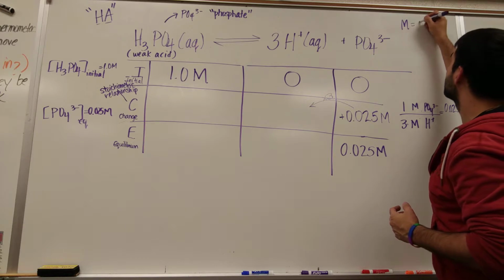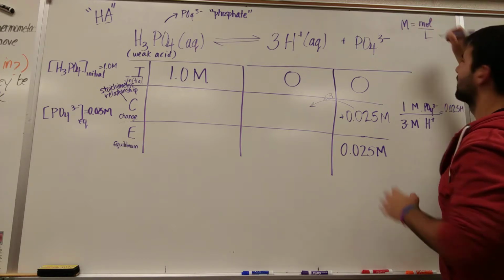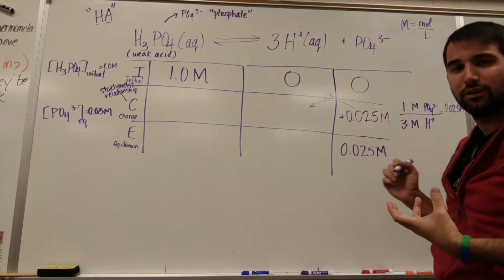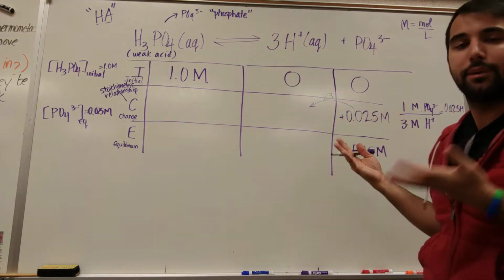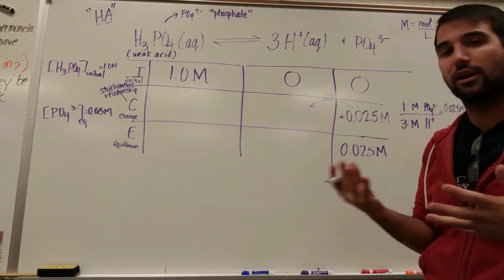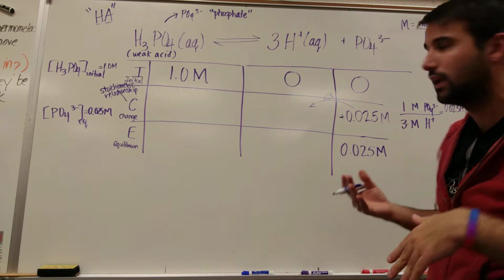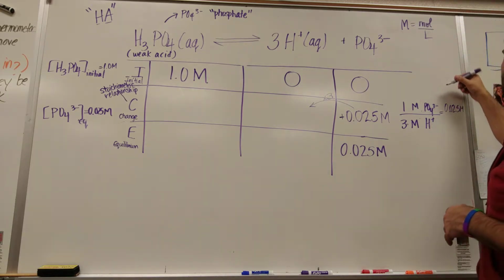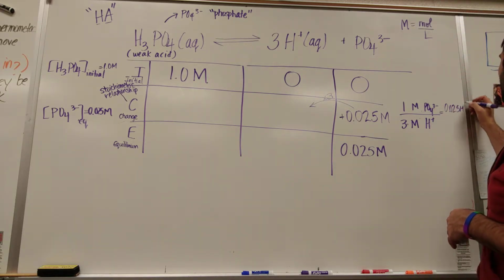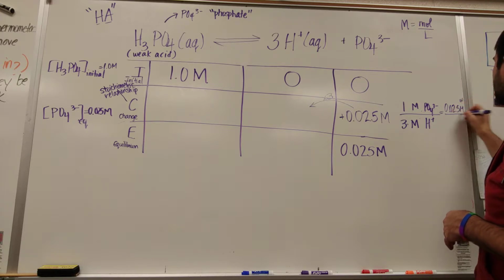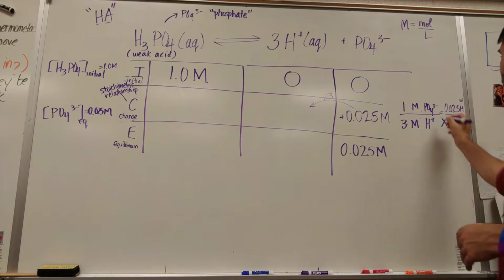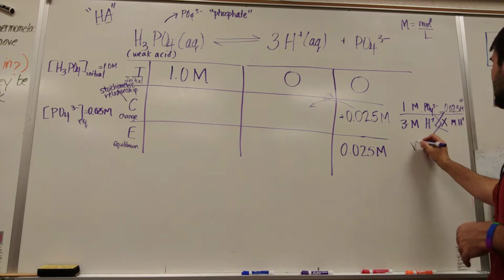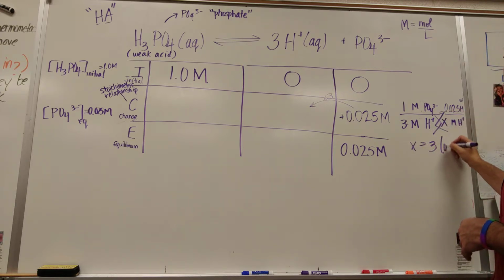Remember, molarity is equal to moles over liter. This is all happening in the same container. I didn't say anything about volume, so we're going to assume it's the same. And so if I have 0.025 molar of PO4 3 minus, I have to solve for X molar of H plus. If I cross multiply and divide, X is going to be equal to 3 times 0.025 molar.